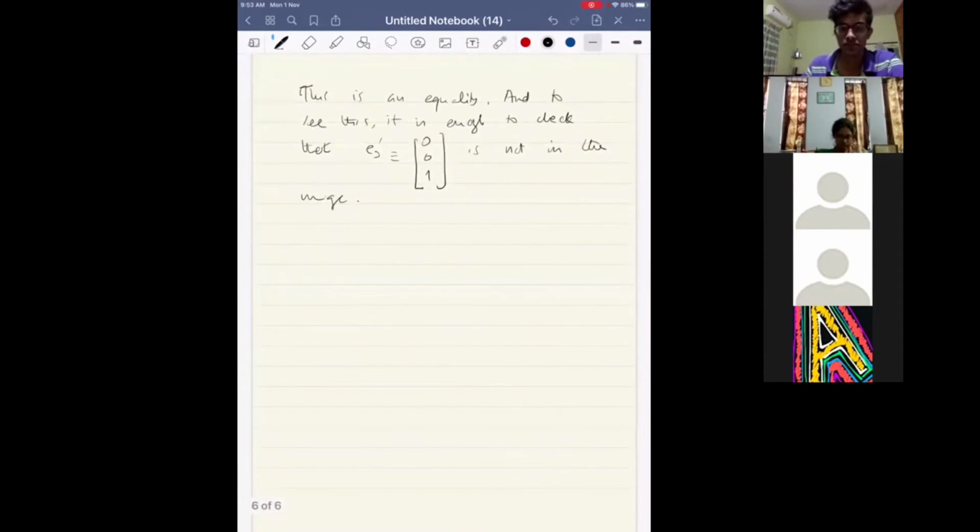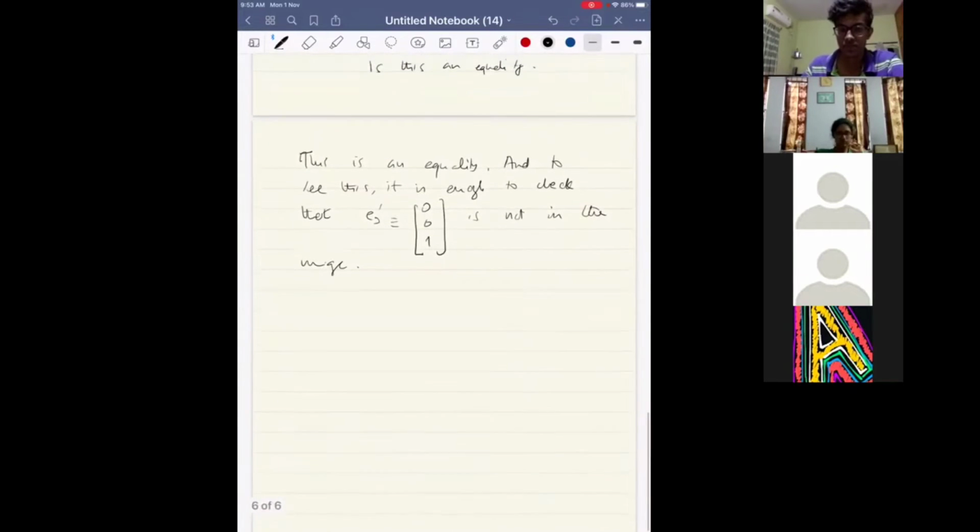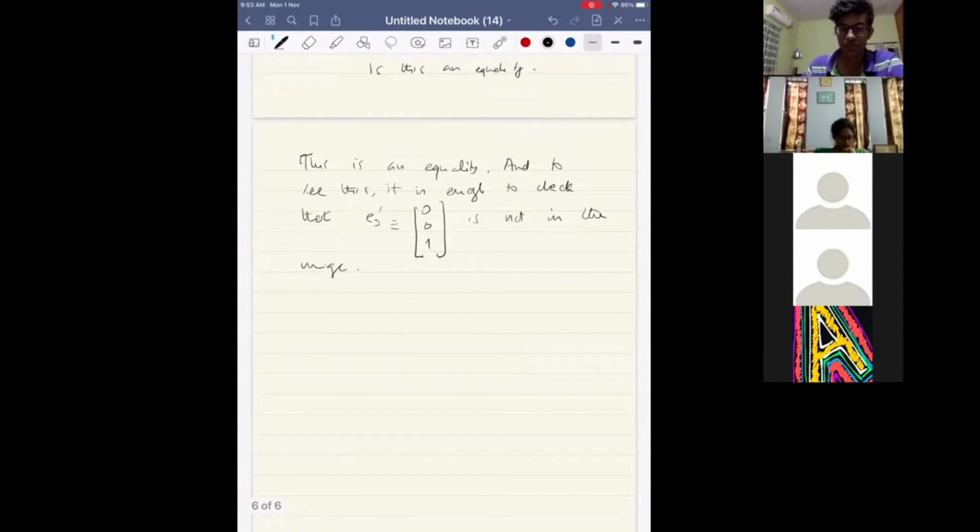But that's true, but you can in fact just look at what A hat does. So now you don't need anything.